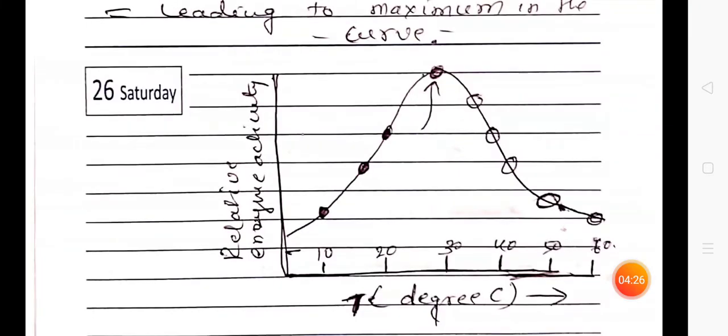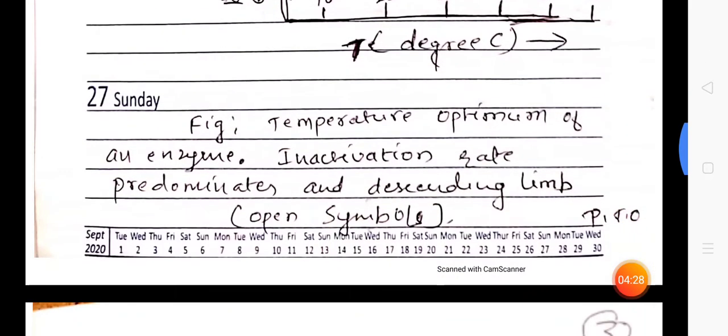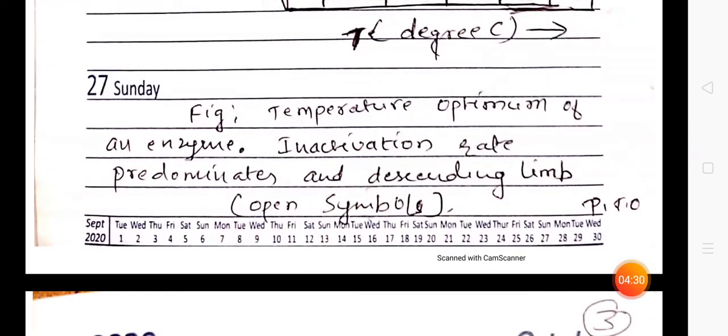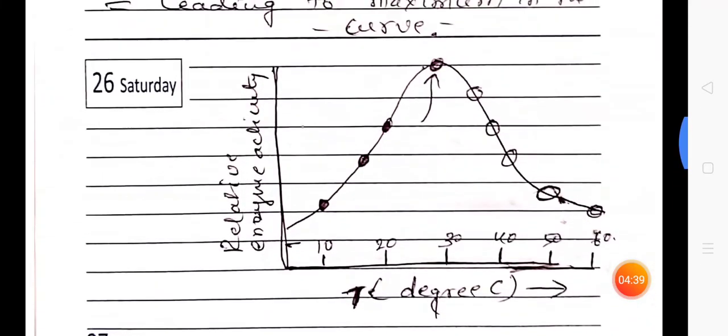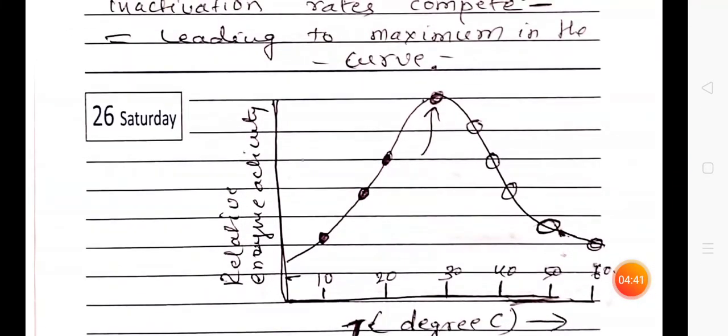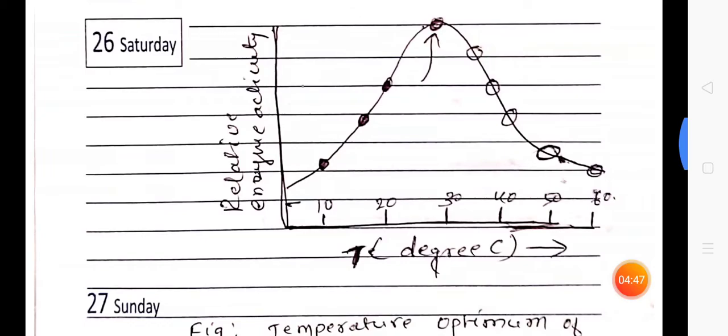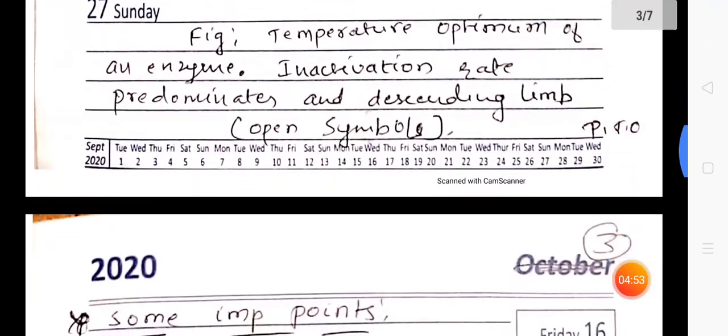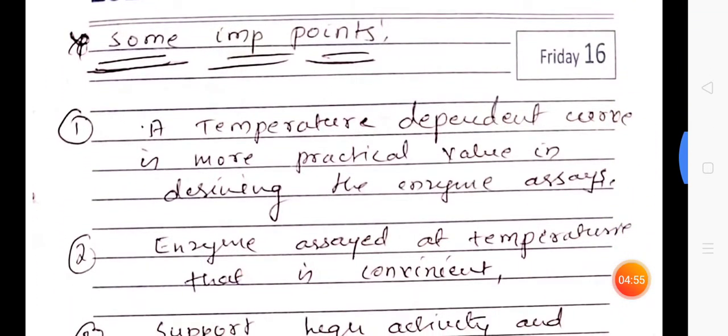Above the optimum temperature of an enzyme, inactivation rate predominates on the descending limb. On the ascending limb, the activity increases, shown with dark round shapes, and the descending inactivation of the enzyme is shown with plain round balls. In this way you can represent the effect of temperature.